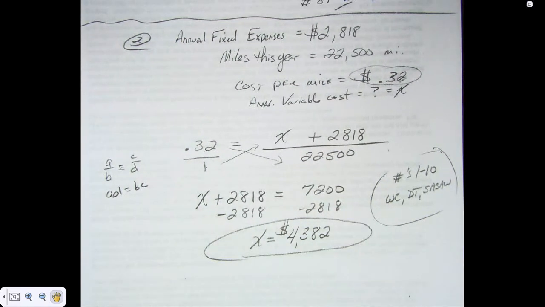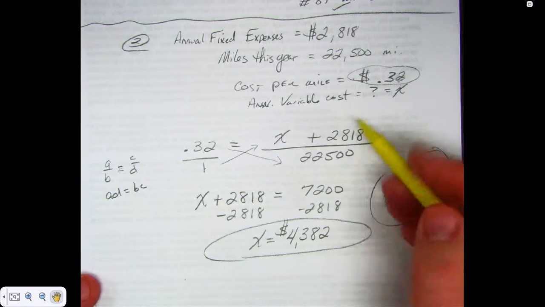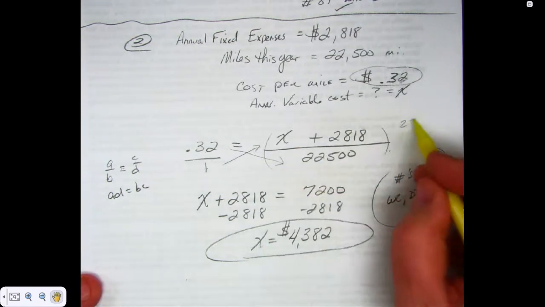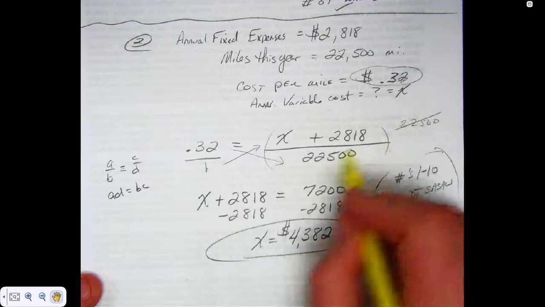Yes, ma'am. On that, would it be possible to do it where you just... Yes, it basically gets you the same thing. That's in essence what you do. On this one right here, that's going to cancel, right?